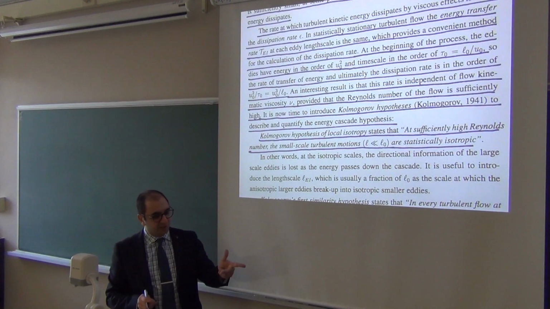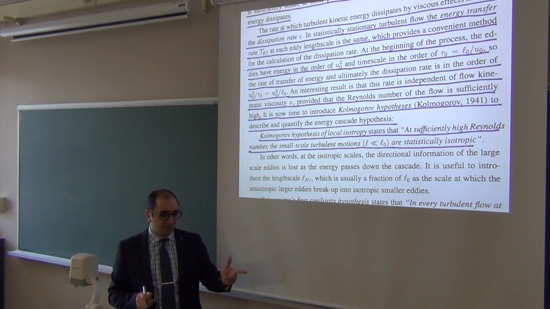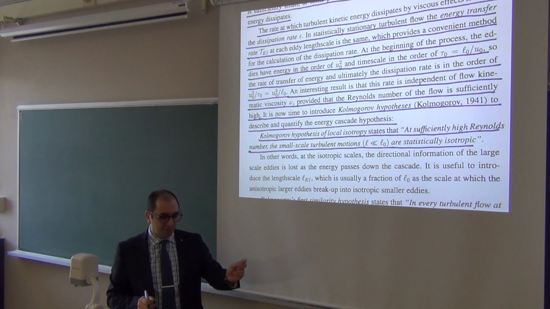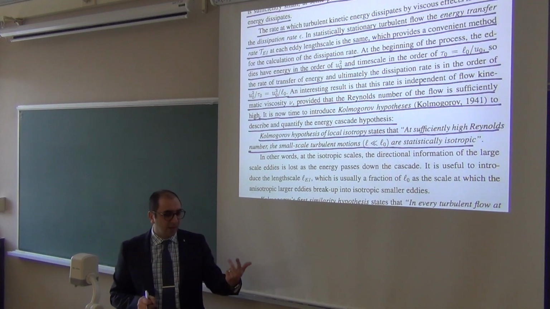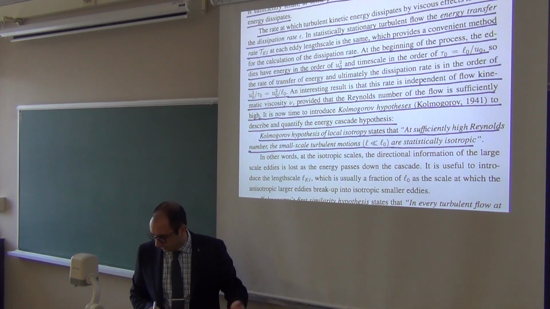Again, isotropic says something about the direction of the coordinate system. It means that the fluctuations don't care about the coordinate system. For example, u squared, v squared, and w squared fluctuations, those variances or normal components of Reynolds stress, are all the same, no matter the orientation of the coordinate system.